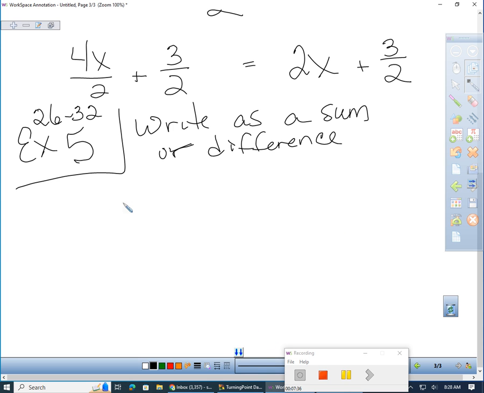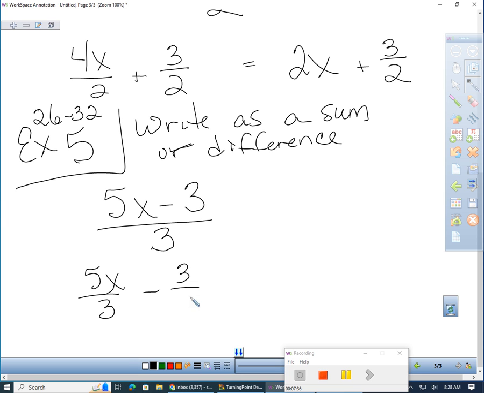So let's say I have 5x minus 3 all over 3. So step number 1, we're going to distribute that 3 on the bottom underneath both pieces. So the very first thing I'm going to do is go 5x over 3 minus 3 over 3. Does anybody have a question with that step?